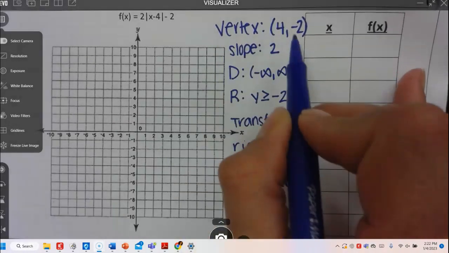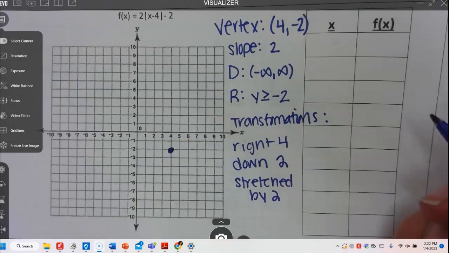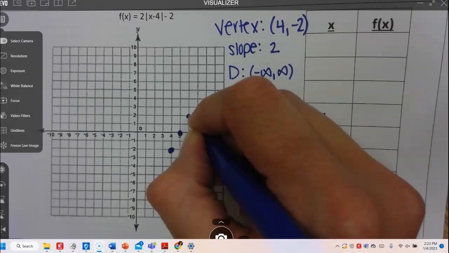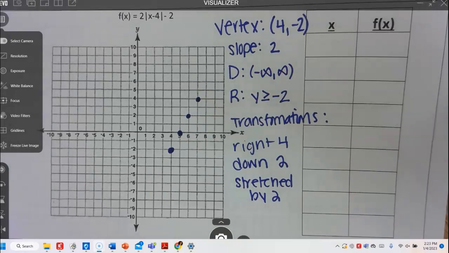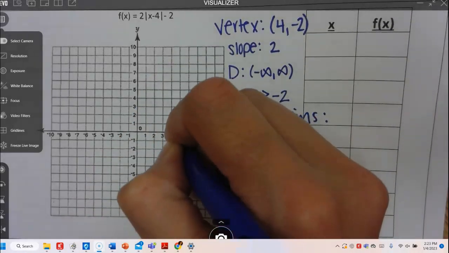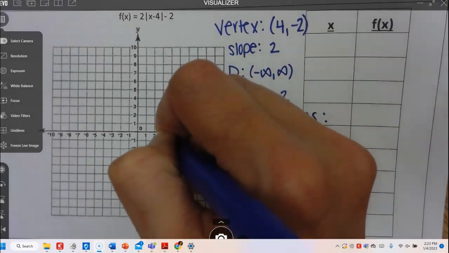So then I'm going to plot my point, apply my slope, and again, these are absolute values, so they're V's. So at that vertex, if I go up 2 and right 1, I need to go up 2 and left 1.